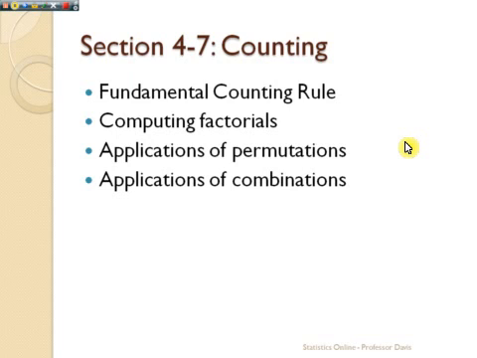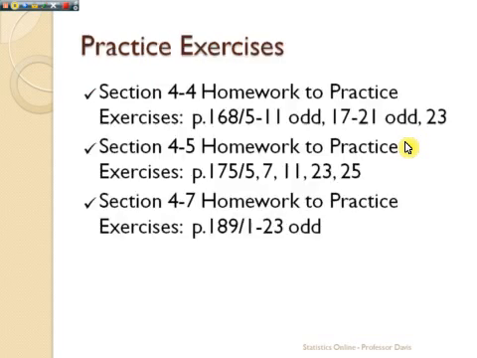And then as far as working some exercises this week, in section 4.4, starting on page 168 of your ebook, problems 5 through 11 odd, 17 through 21 odd, and then item 23. I set that one apart because that's an application that's kind of offset from this group that's before it.